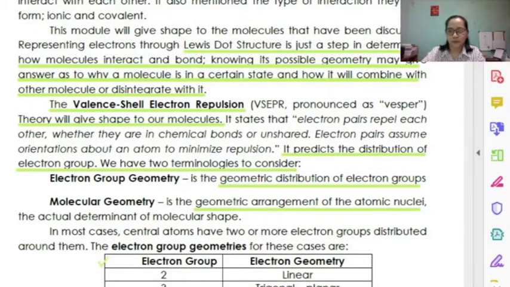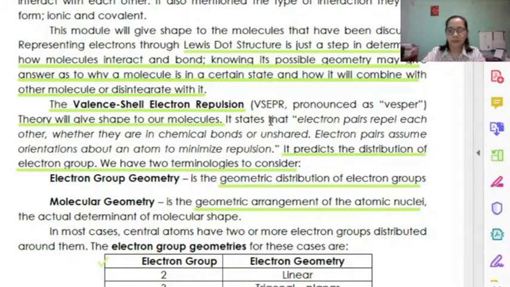Lewis dot structure is just a step of determining how molecules interact and bond. Knowing its possible geometry may answer why a molecule is in a certain state and how it will combine with other molecules or disintegrate with it. The valence shell electron pair repulsion theory will give shape to our molecules.